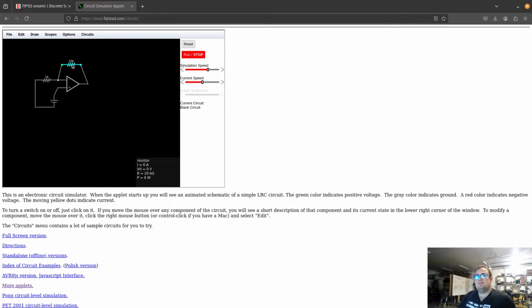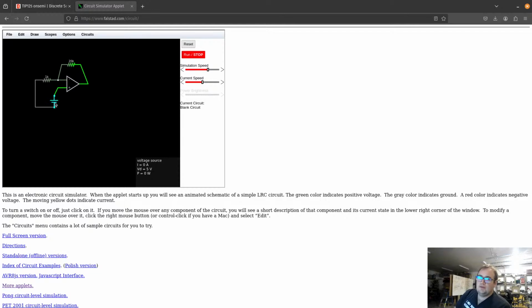So that would be 5 times 20. That would be 100 volts. So we are going to see 15 volts here, if I'm right, because basically this op amp will only go from minus 15 to plus 15. So let's run. And yeah, we see 15 volts. Let's stop this.